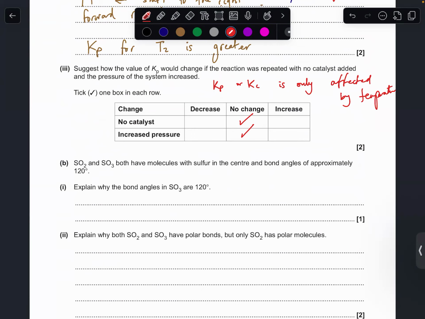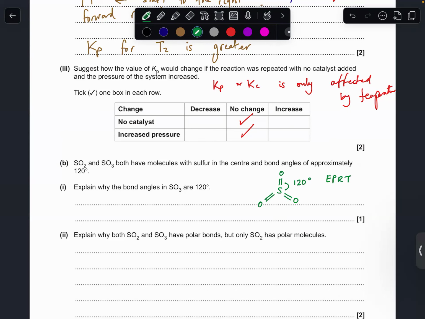Next question is asking, explain why the bond angle in SO3 is 120 degrees. You see, with sulfur trioxide, sulfur is in group 6. You get an expansion of the octet, and you end up getting 3 double bonds, which spread as far apart as possible using the electron pair repulsion theory, which gives rise to a flat molecule with a bond angle of 360 divided by 3, which is 120 degree bond angle.